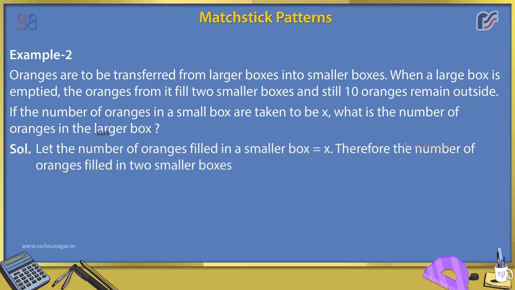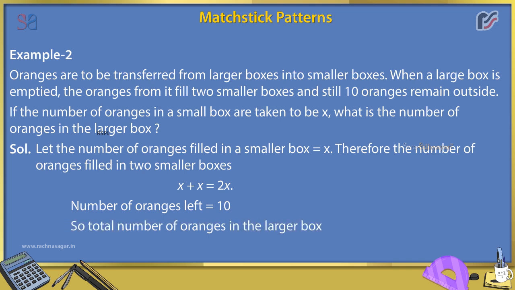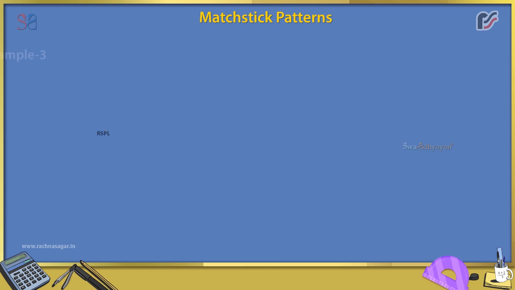Let the number of oranges filled in a smaller box be x. Therefore, the number of oranges filled in 2 smaller boxes, x plus x, is equal to 2x. Number of oranges left is equal to 10. So, total number of oranges in the larger box is equal to number of oranges in 2 smaller boxes plus 10, which is equal to 2x plus 10.